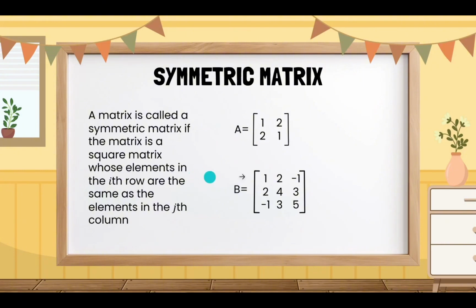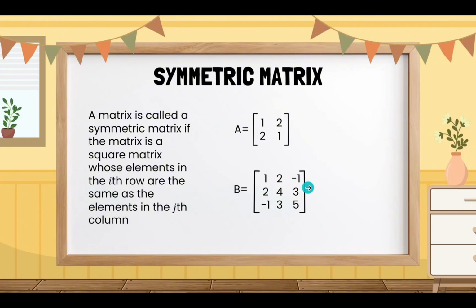For example, here we have the matrix B. The first row, 1 2 minus 1, is going to be equal to the first column, which is also 1 2 and then minus 1.